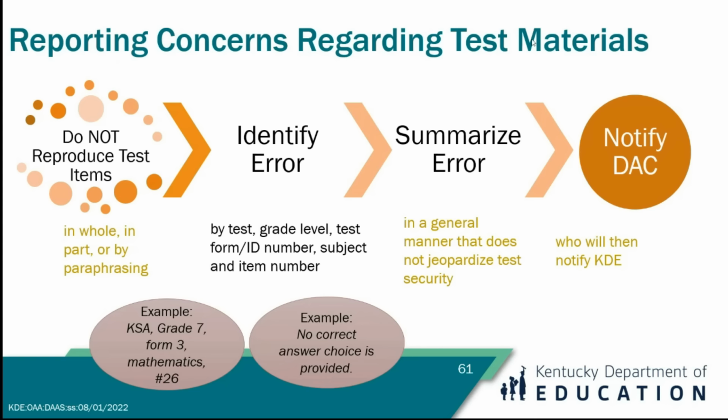The information shared can be with BACs first for them to forward to the DAC, or the information can be sent directly to KDE. Any written information should be an essential non-secure item identifying information. For example, KSA, grade 7, form 3, math, item 26 does not have the correct answer choice.